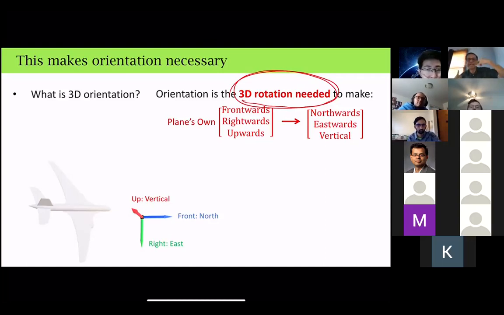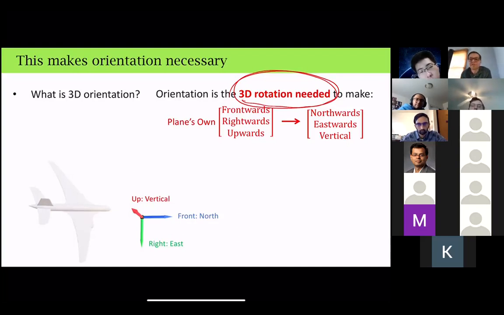If your friend is giving you the IMU readout from the phone, but you somehow figure out what rotation you should give to his plane so that it is pointing north, the wings are pointing east, and the Z is pointing towards the sky, if you know that rotation matrix, then you're in business, because whatever data he's reading out, you can multiply it with that rotation matrix and you are in the global reference frame.